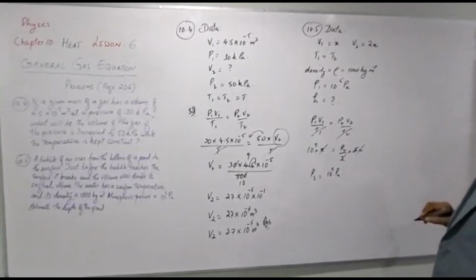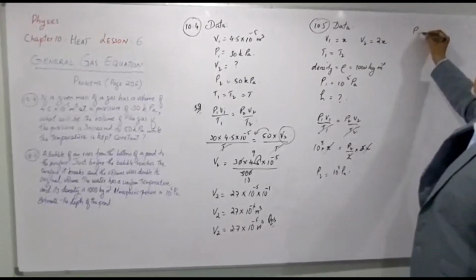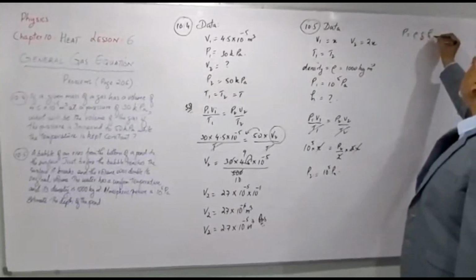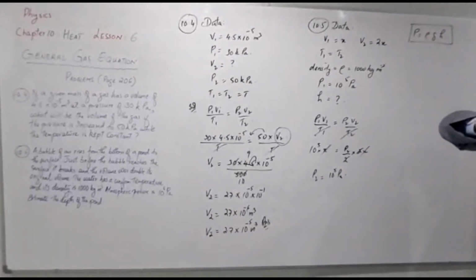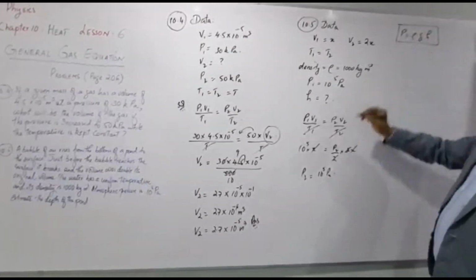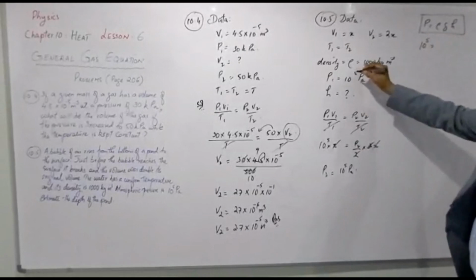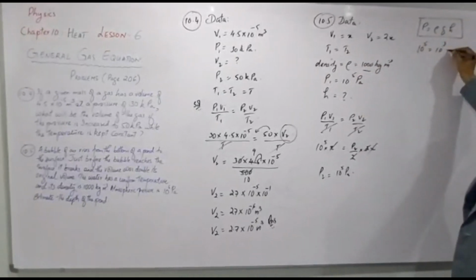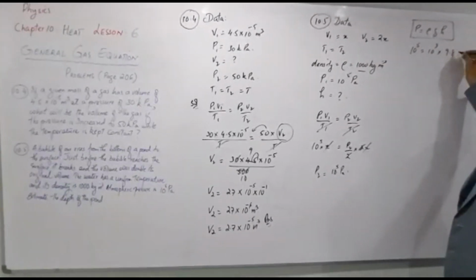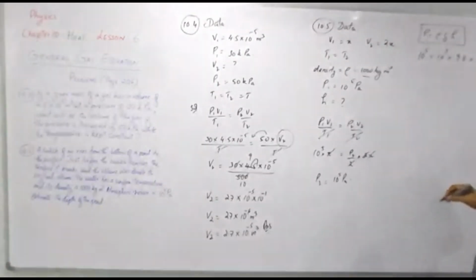Now, you know that pressure is equal to rho g h. We have this formula. We derived this also earlier. So let's keep pressure as 10 to the power 5. Density is given to us as 1000, that is 10 to the power 3, times g is 9.8, acceleration due to gravity, and we need to find the height h.